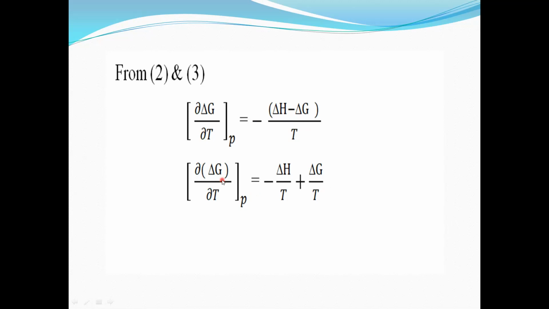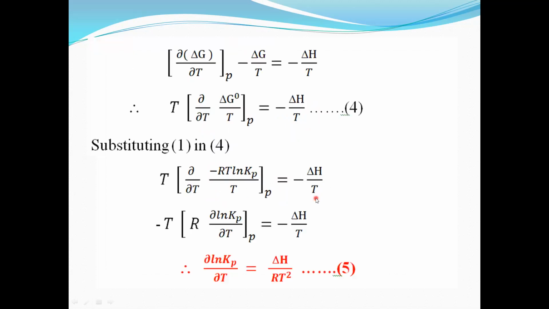So we get finally the partial derivative of delta G with respect to T at constant pressure is equal to minus delta H upon T plus delta G upon T.